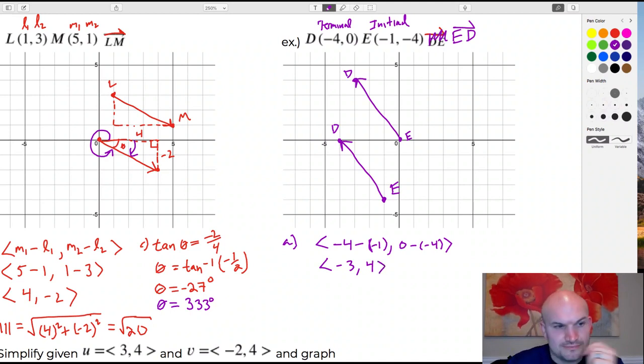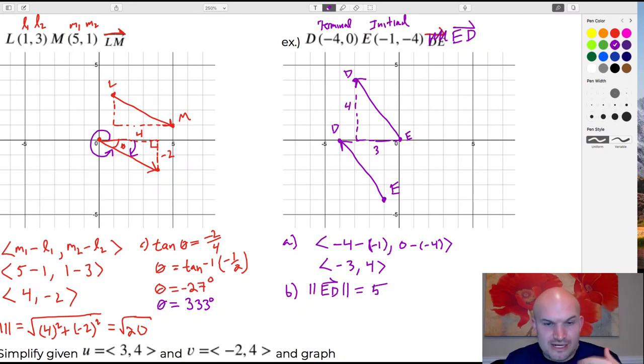The next thing would be to find the magnitude. The nice thing about this, guys, is I noticed this is a 3, 4, 5 triangle, right? This is 3, this is 4. So the magnitude of ED is really easy to find. That's a Pythagorean triple, so it's going to be 5 units. I don't even need to apply the formula here.